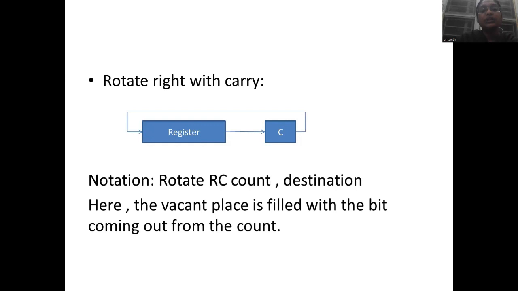Rotate right with carry. In rotate right with carry, the carry is placed to the right of the register, the data moves into the carry bit, and there is a vacant bit at the end of the number, and that vacant bit is filled with the data that is coming out from the carry bit.